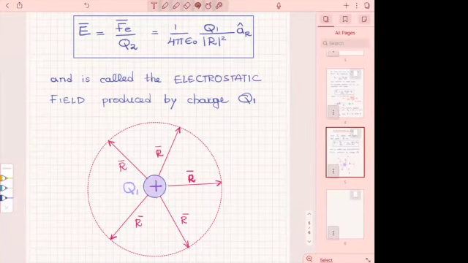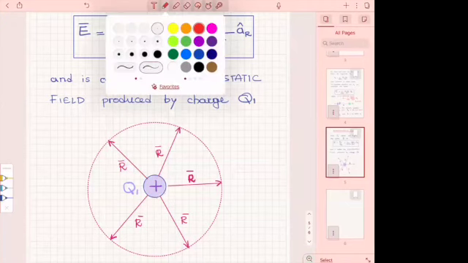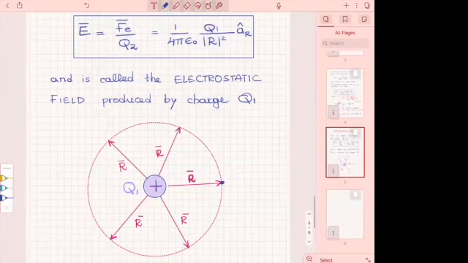That means if my charge is concentrated at one point and I draw a circle around it, at every point on this circle the electric field has the same value, but not the same direction. So at this point here, it is going to be like that.